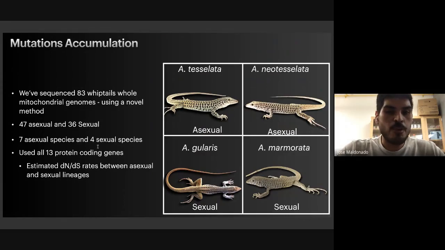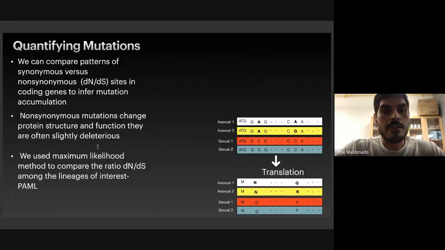We used all 13 protein-coding genes, and we used dN/dS between the two groups to quantify mutation accumulation. We use this ratio because when a non-synonymous mutation occurs, it's going to be slightly harmful because it changes protein function and structure.